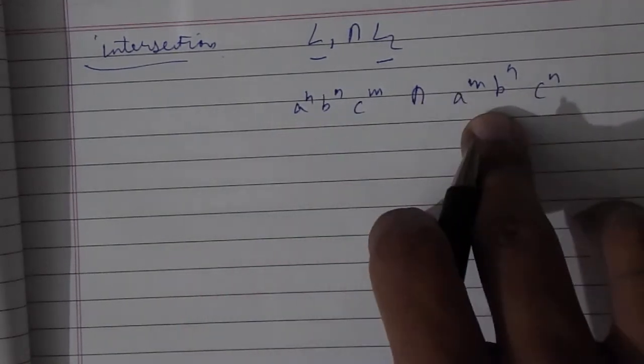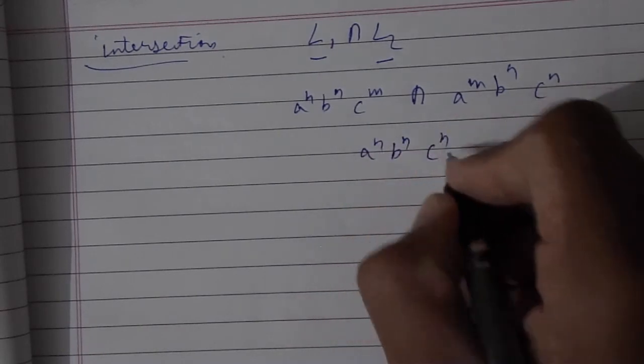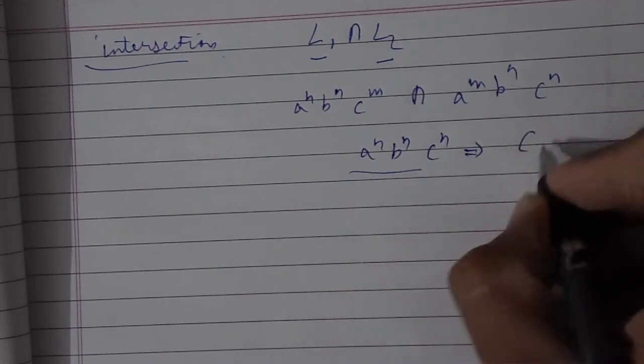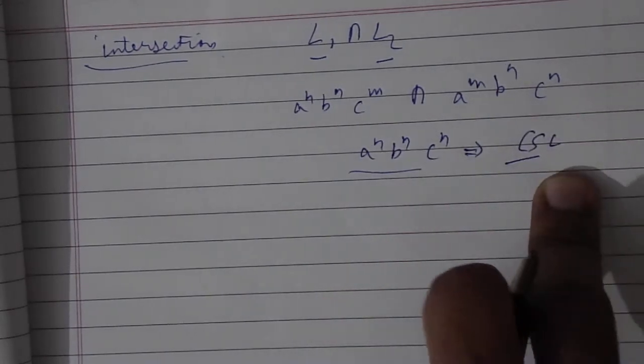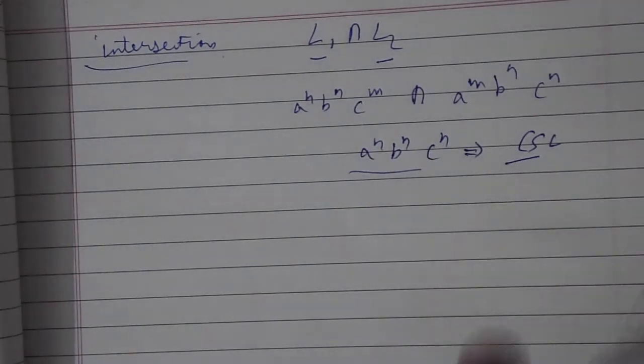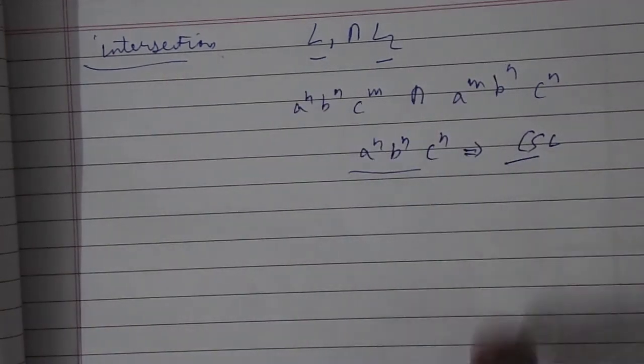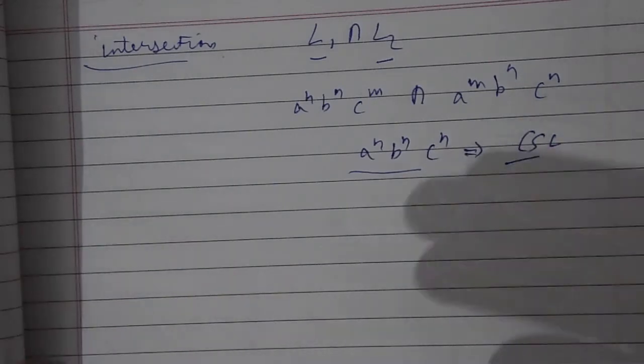If I take the intersection, what I get is a raised to power n, b raised to power n and c raised to power n, which is a CSL, not a context free language. So I can say that these languages are not closed under intersection.